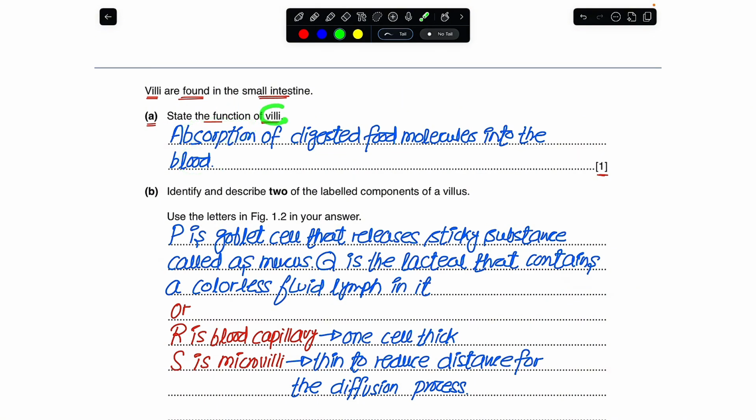Other than that, the villi also have enzymes embedded within the cell membrane of their epithelial cells. So you could also say that the role of the villi is the digestion of food particles like maltose, lactose, and sucrose, but the prominent one is absorption.